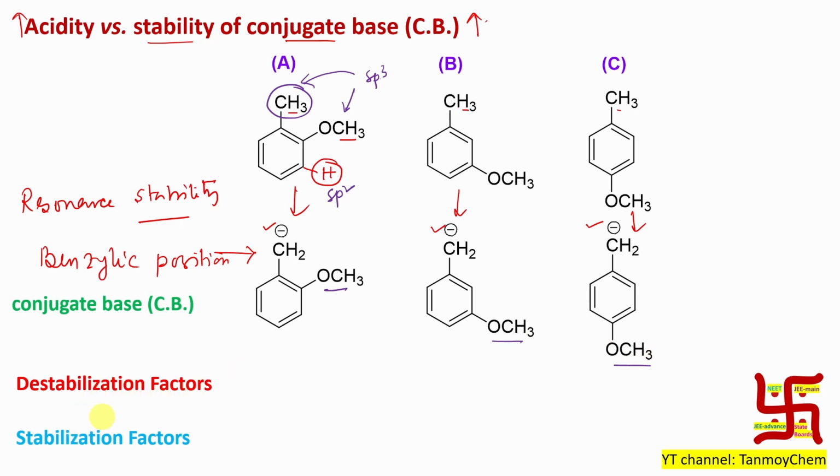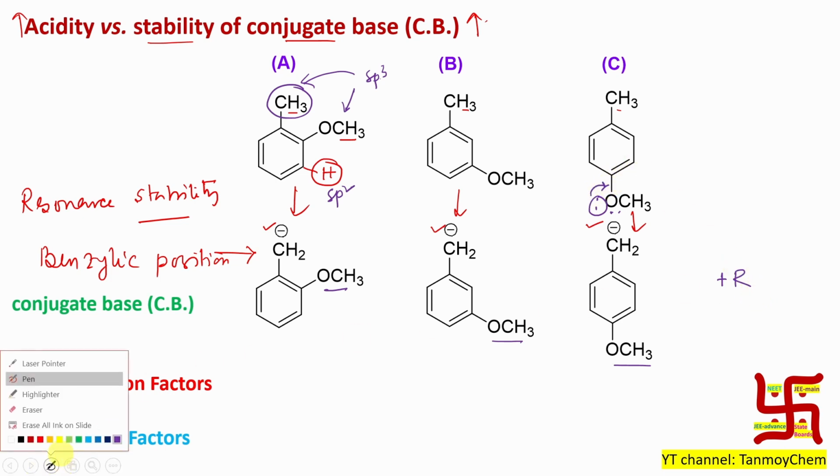Now let's look at this OMe group. It has two kinds of effect. One is the plus R effect, meaning you can expect these lone pairs of electrons to be delocalized into this benzene nucleus. This is the plus R effect. Another effect operating here we call the minus I effect. If you look at the oxygen-carbon single bond, or sigma bond, oxygen is more electronegative than carbon.